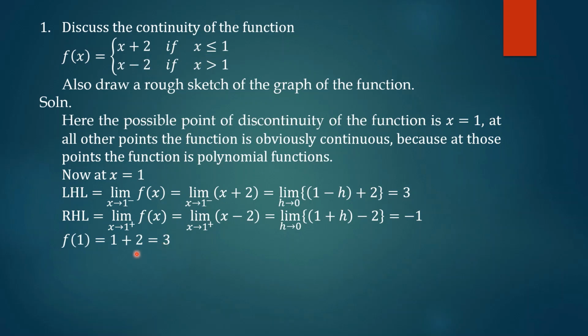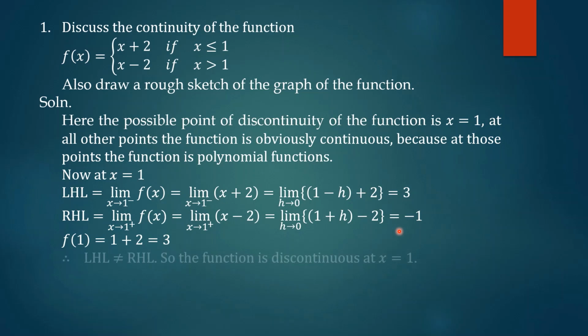And you see here, this f(1) and this left limit are equal. Therefore, by theory, we know that the function is continuous from the left side. And the right limit is unequal, therefore it is discontinuous from the right side.